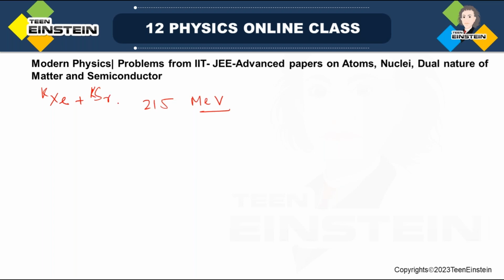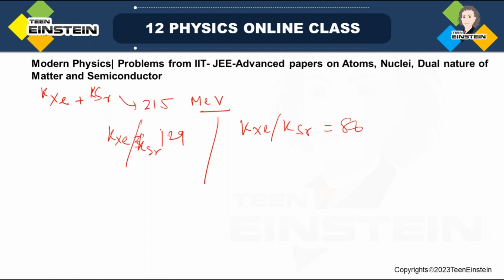Now we have seen there are options. Either the kinetic energy of xenon or strontium has to be 129, and there is another option, kinetic energy of xenon or kinetic energy of Sr to be 86.